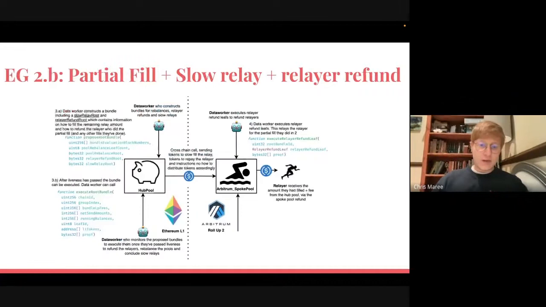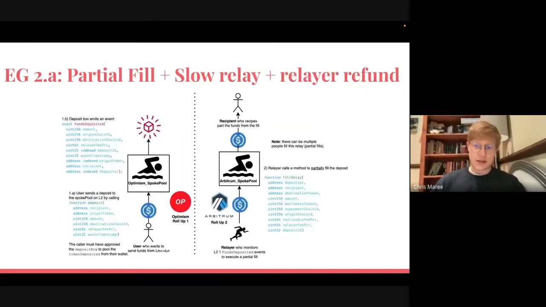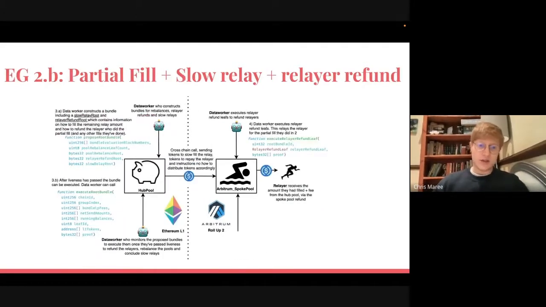Okay, so there are a lot of interfaces here in code. The important intuition I want you to have from this is that when funds can't be completely filled, we can fill them using the hub pool's funds, and we're starting to slowly introduce these concepts of bundles, right? All you need to think about in terms of the bundles at this point is that they're instructions that can tell the spoke pool what to do.